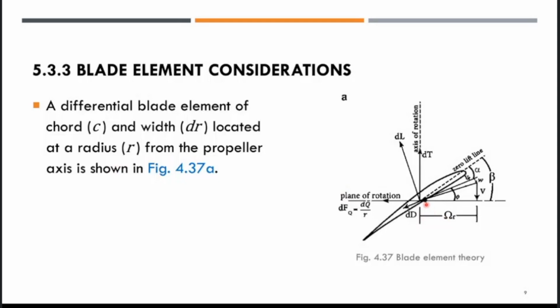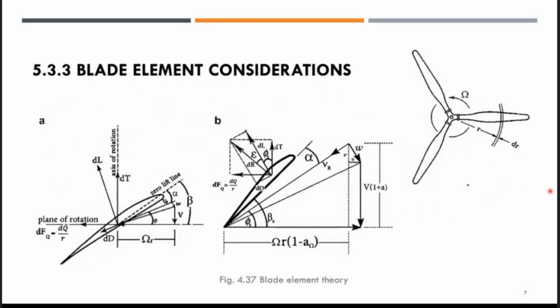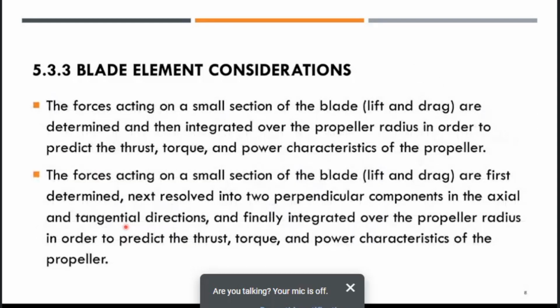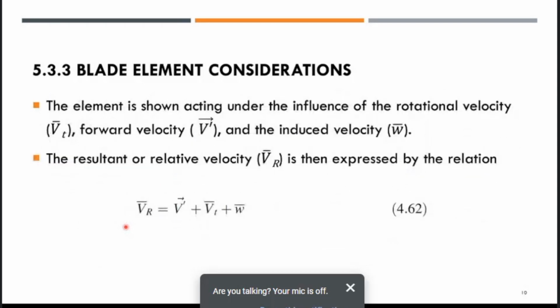If we quickly go back, we imagine the radius of the propeller. This is the small element that we are considering, and we take it out into figure 4.37a, where we have the components of the lift and the drag. L is lift, D is drag.